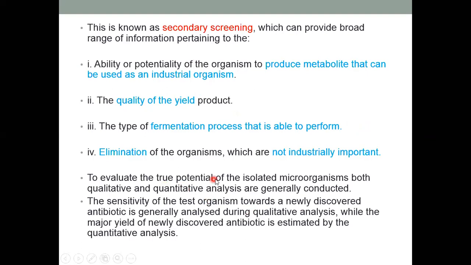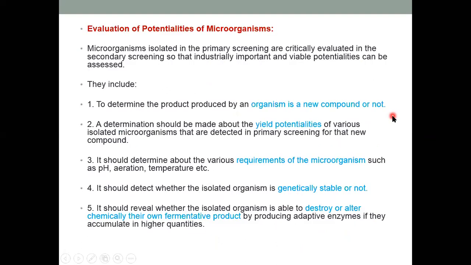So to evaluate the true potential of the isolated microorganism, both qualitative and quantitative assessments need to be done. And the sensitivity of the test organism towards the newly identified antibiotic needs to be determined, and it has to be done quantitatively so that you have a much better picture, right?